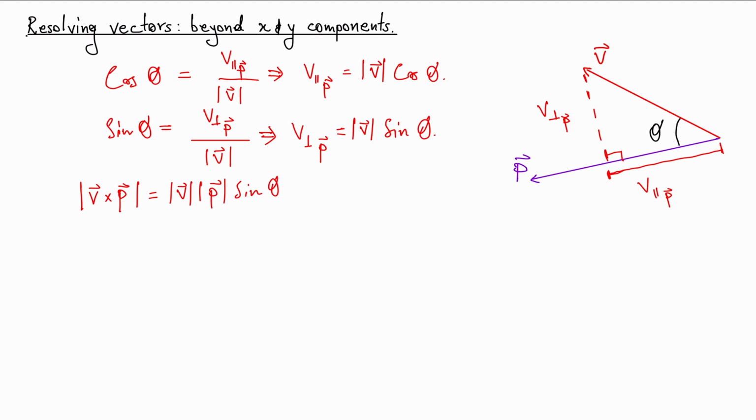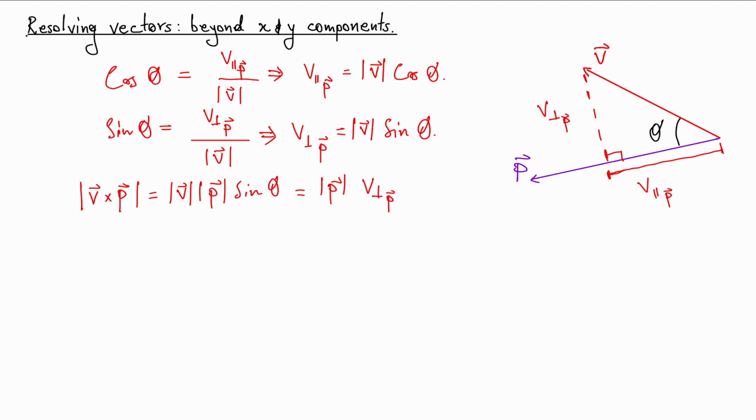This is definition. Remember what we called this combination, the combination of V bar sine theta. We gave it a name, we call it V perpendicular to P bar.